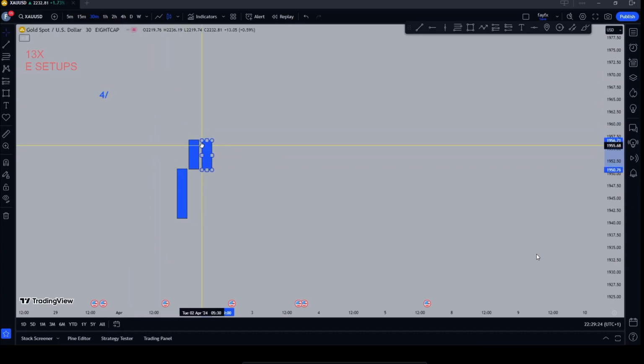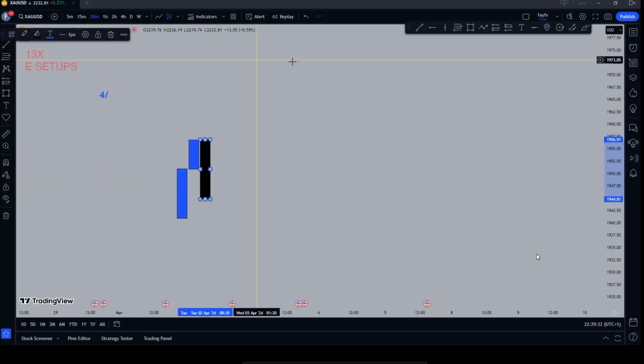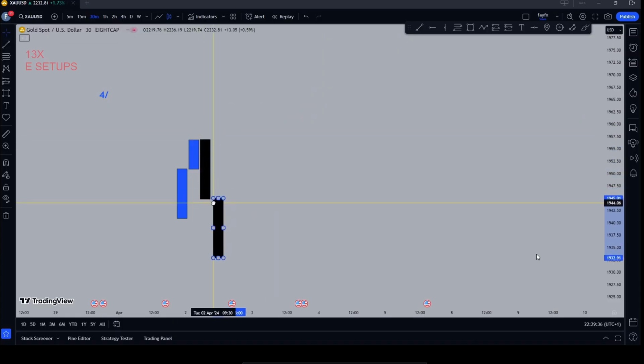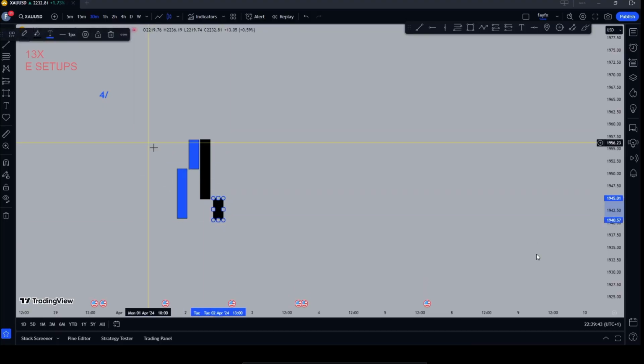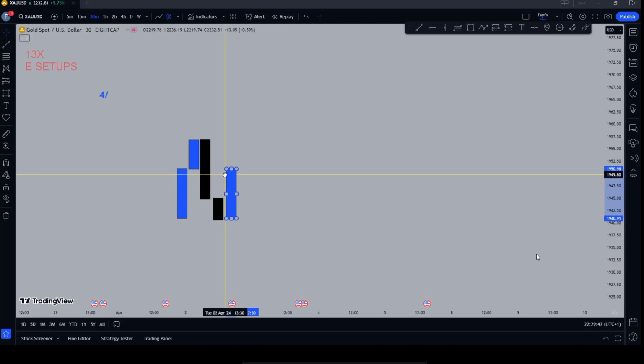And then we have a bearish engulfing candle. Then price printed another engulfing candle, a bullish engulfing candle.